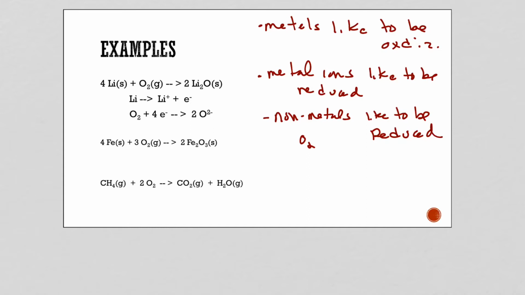Some other examples might be iron undergoing oxidation, where iron is going to iron, so this is going to be iron plus 3 and O2 minus in our ionic compound.